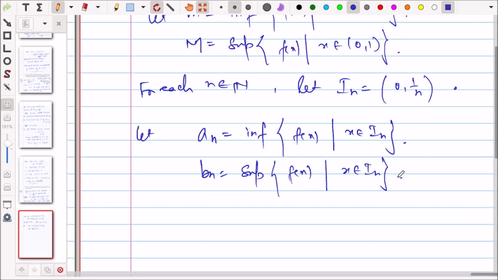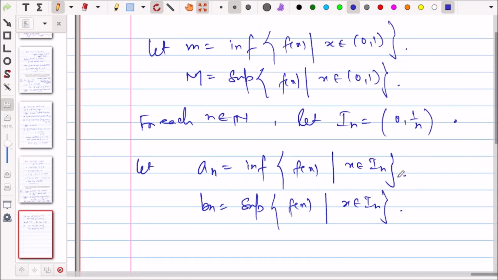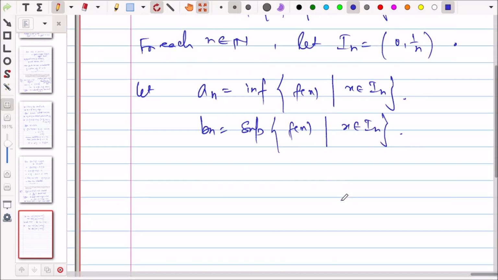Again f is bounded, so this infimum and supremum will exist. So an is the infimum of f(x) over In and bn is the supremum of f(x) over In. So we have two sequences now.